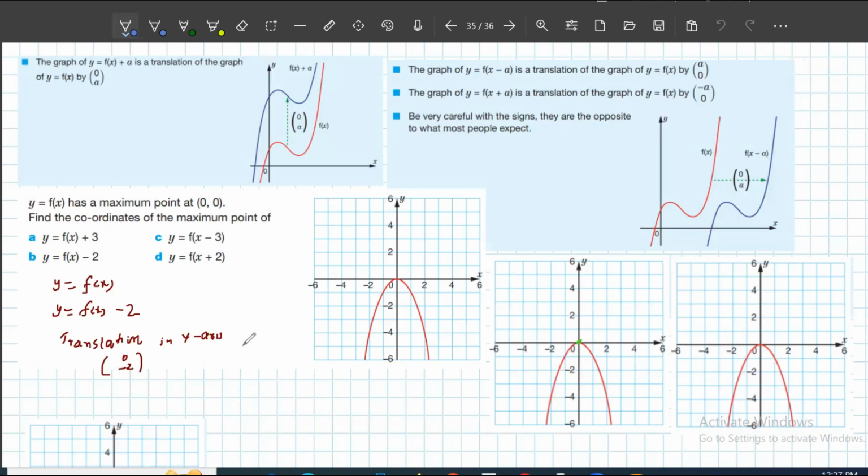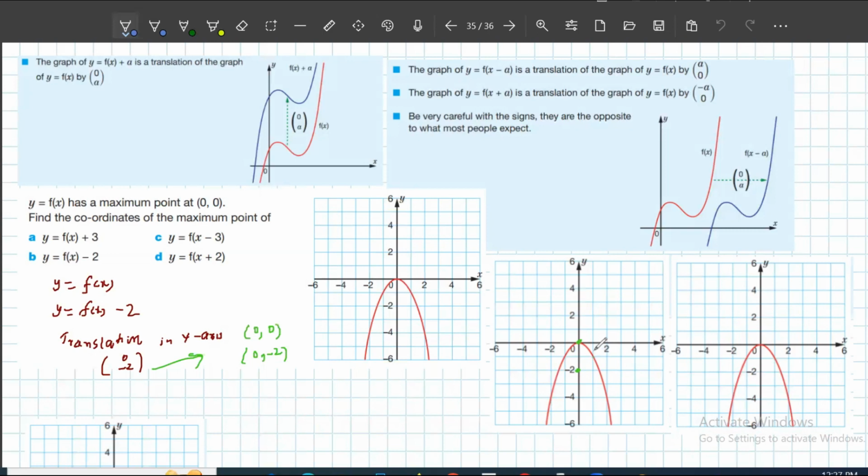Let's suppose our maximum point is (0, 0), and once you apply this translation vector, it will affect the y element. That means (0, minus 2). If you check (0, minus 2), that would be exactly here, and we can check the others also. For example, this point is exactly (1, minus 1).